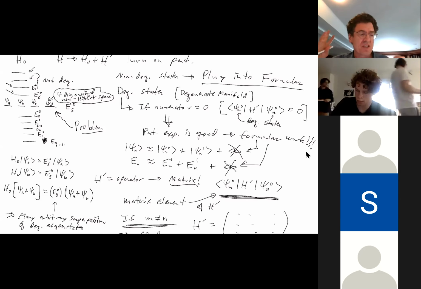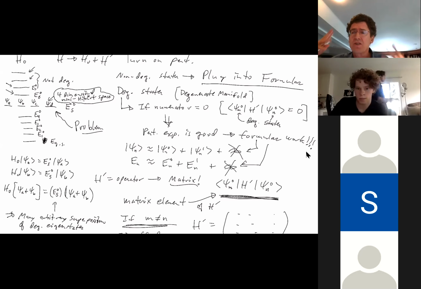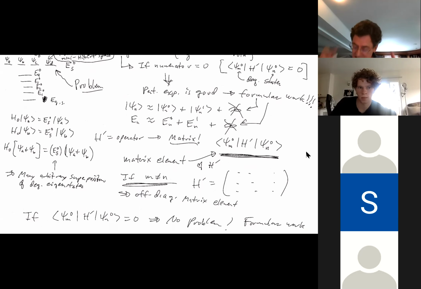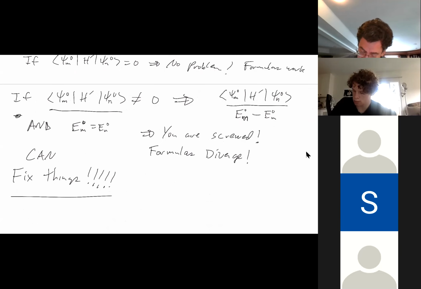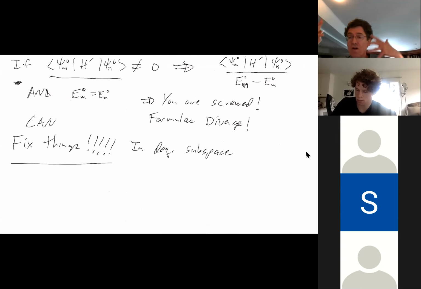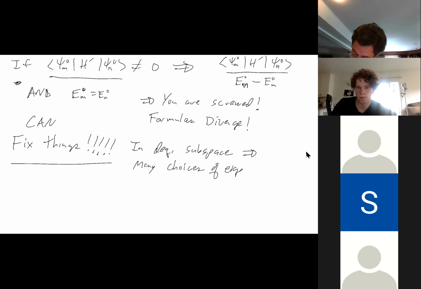That's kind of an obvious thing from linear algebra. So the point I'm trying to make is that in the degenerate subspace, we have many choices of the eigenstates.